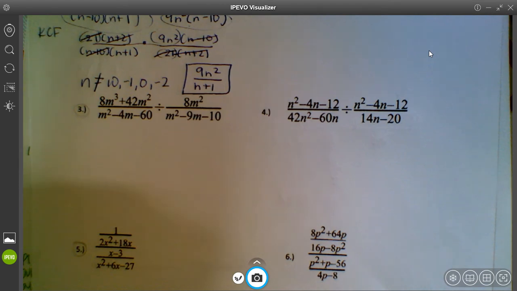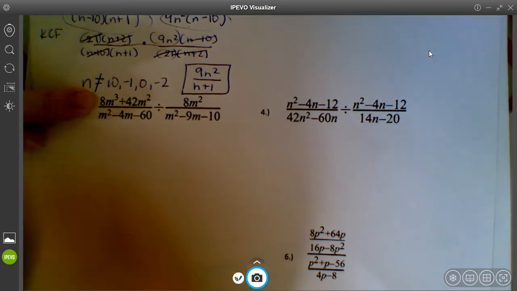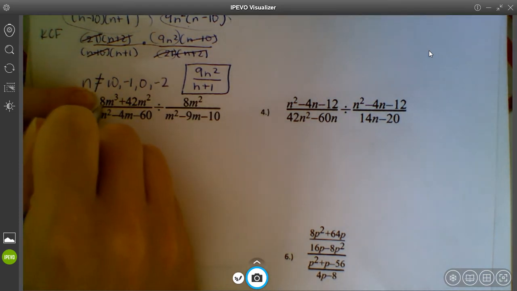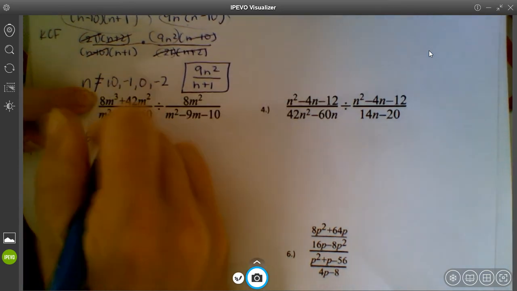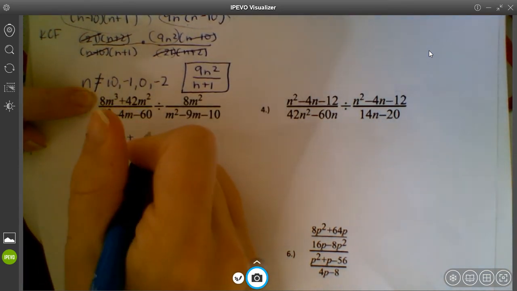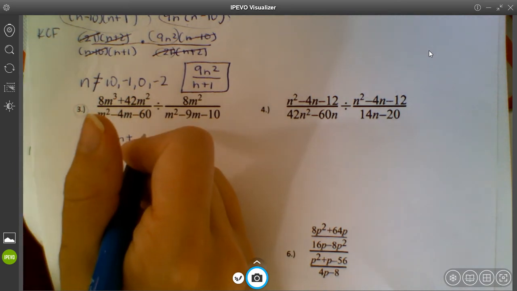The next one, first thing we do is factor. So we got to factor a whole bunch of things out. So we look here, and we see that we could take out an 8 and an m squared, leaving us with an m and a 42 divided by 8.